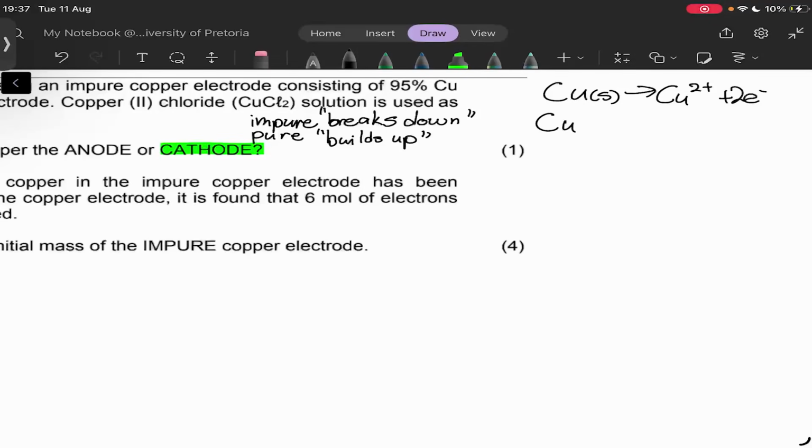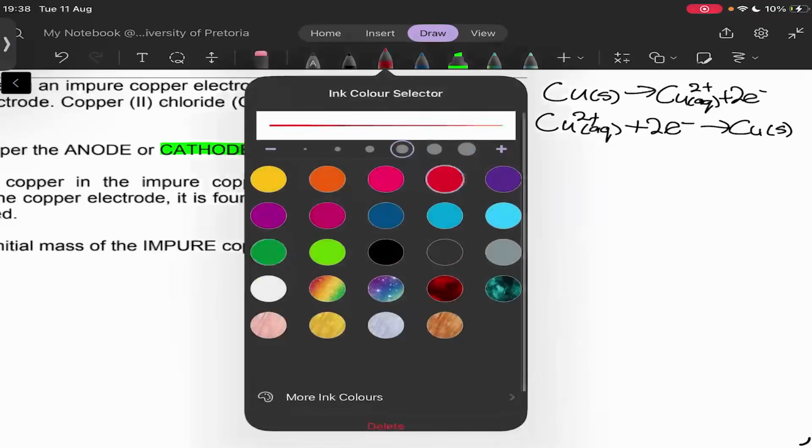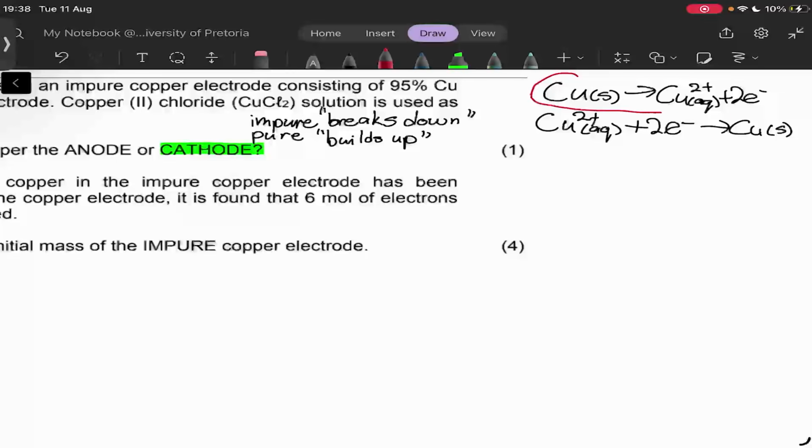And then you have copper 2 plus in an aqueous solution, plus the 2 electrons, and that becomes copper as a solid. So when you say the impure one breaks down, this is essentially what's going on at the impure one. It breaks down into the aqueous solution. And then at the pure one, at the cathode, it builds up.